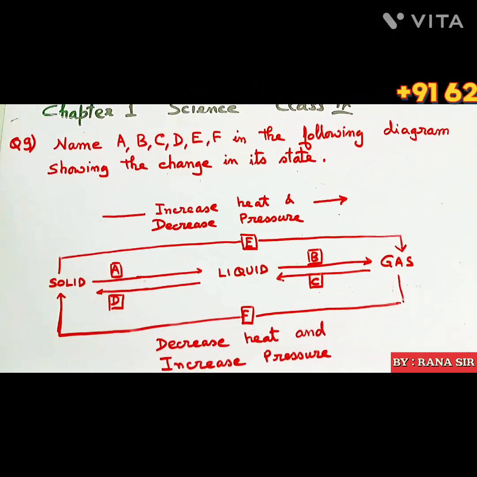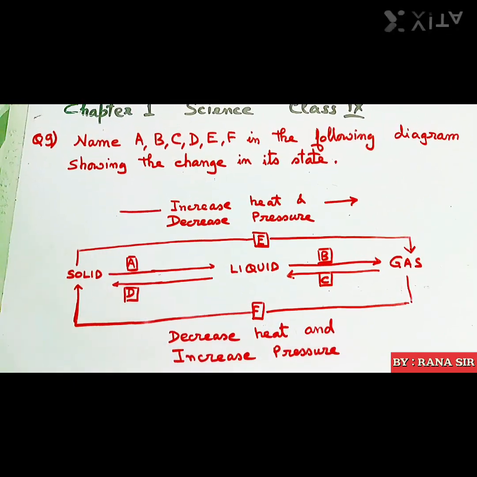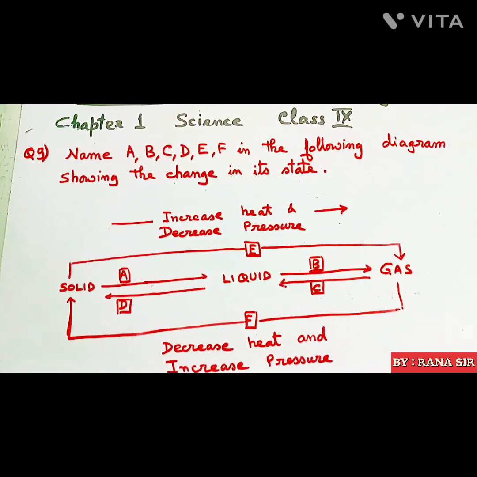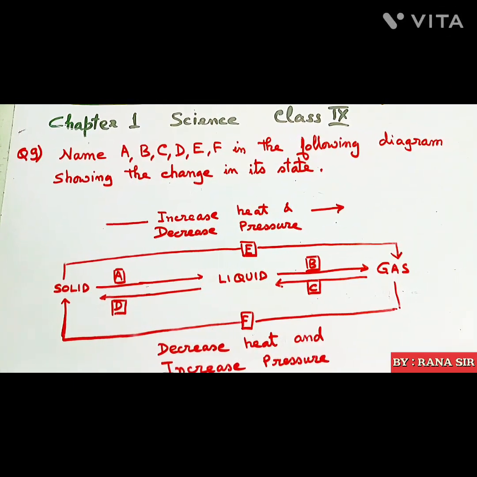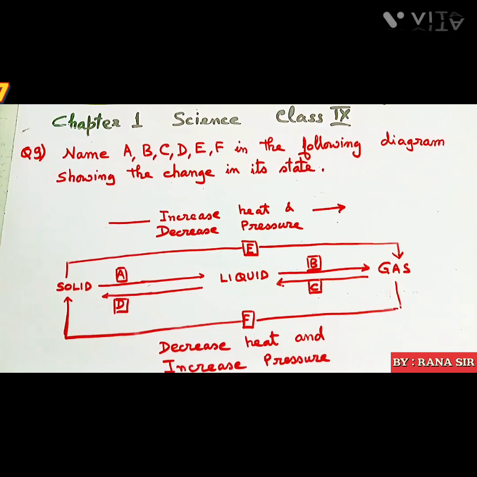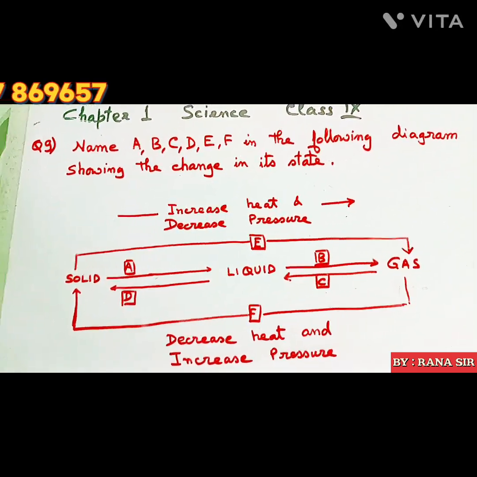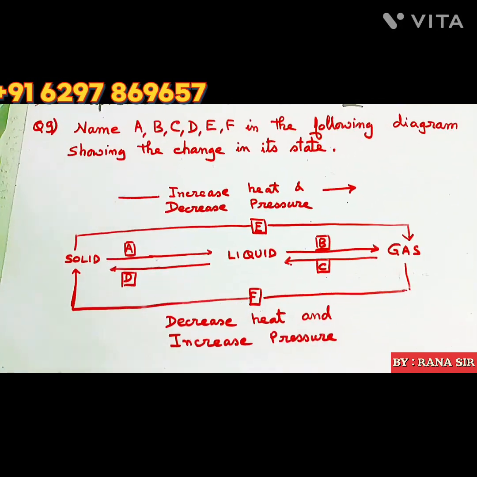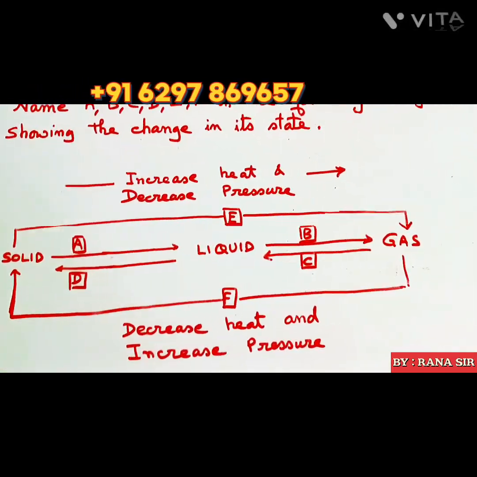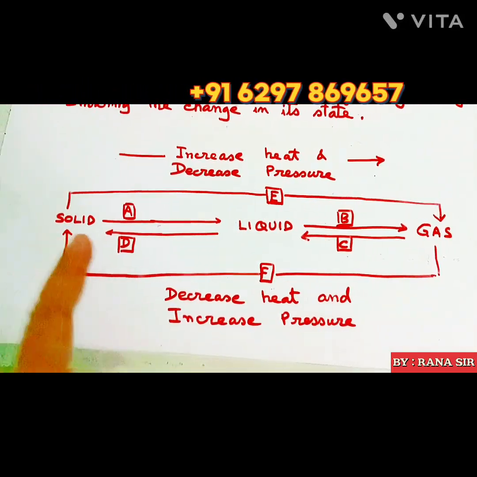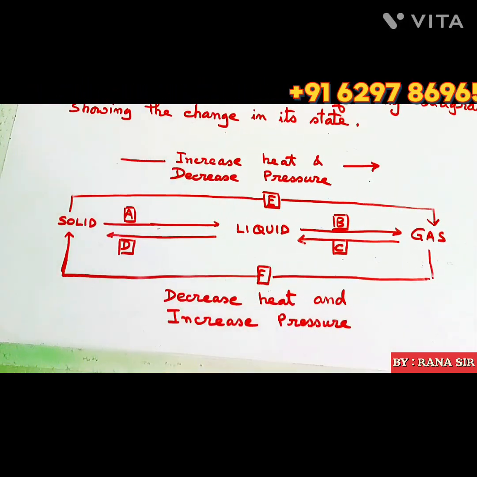Last question, question number 9: name A, B, C, D, E, F in the following diagram showing the change in state. So this is the diagram. What does this diagram say? This is solid, this is liquid, and this is gas.